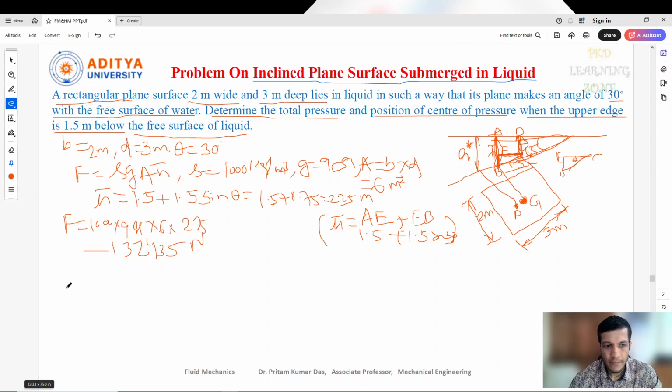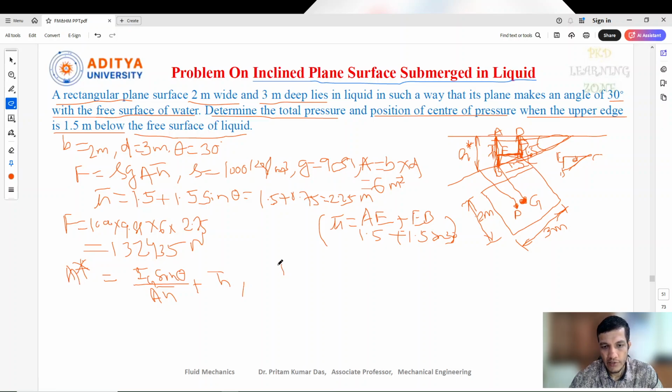Now similarly, the formula for h star is h star equal to I G sine theta divided by A h bar, plus h bar. This is the equation for h star.